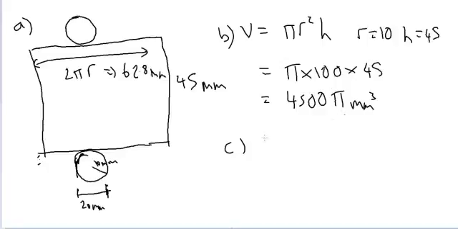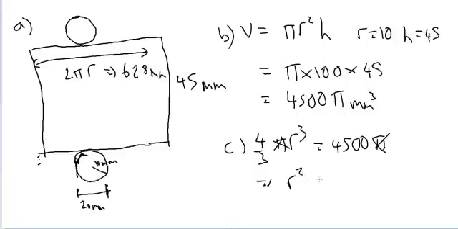So if you have a sphere which has the same volume, that means that 4/3 pi r cubed is equal to 4,500 pi. Well, then the pi's cancel, so that's easy.